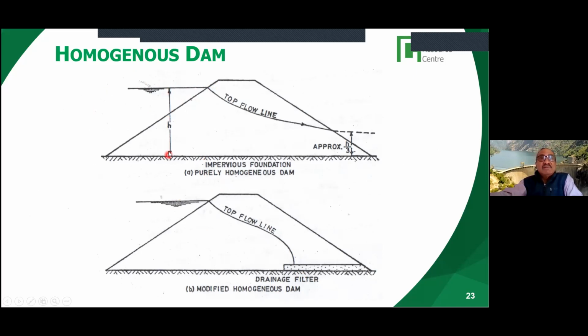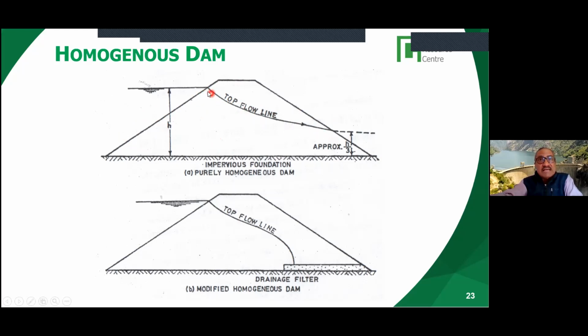Like we saw in the gravity dam, there is hydrostatic pressure acting on the surface of this dam. The gravity concrete dams are basically impervious, so there is not much seepage. But in an earthen dam, there is what is known as a seepage line.